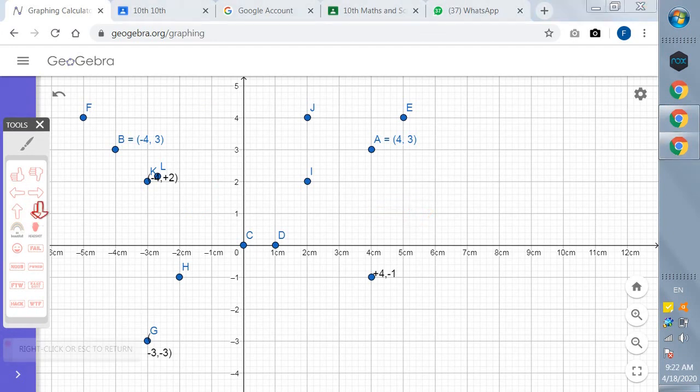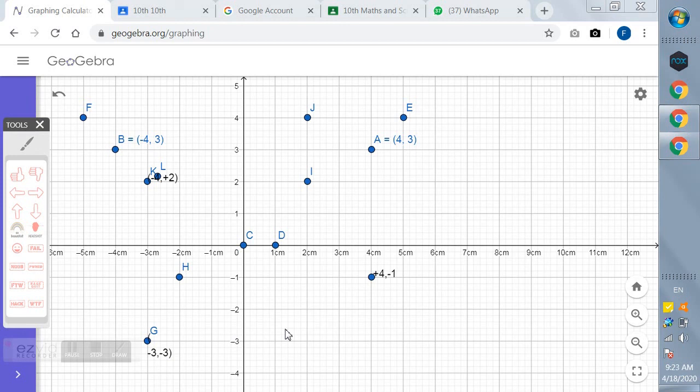Correct? Third quadrant, you have y negative, and x is also negative. Correct? So all the points in this quadrant will have negative x and negative y.